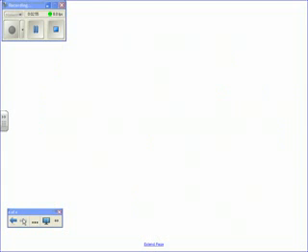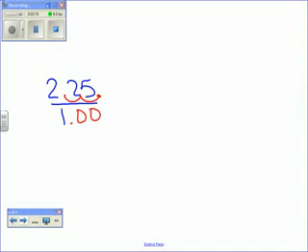Now I'm going to take the decimal 2.25 and change that into a fraction. So using the same method, we're going to put the number over 1, and then we want to move that decimal point. So in the numerator, I'm moving it twice, so I have to add a 1.00 and move that decimal twice also.